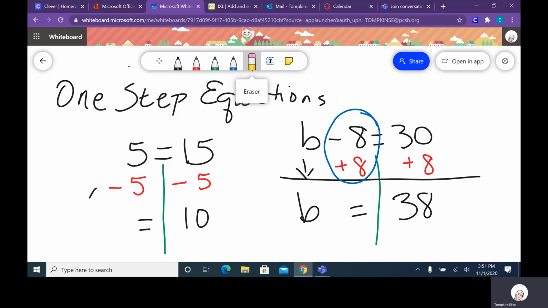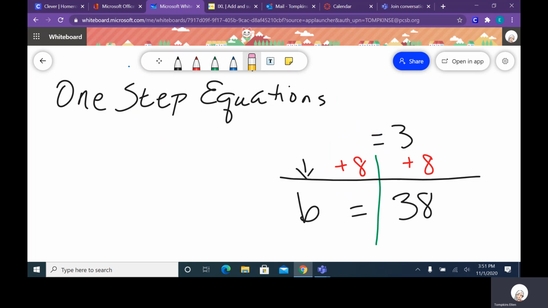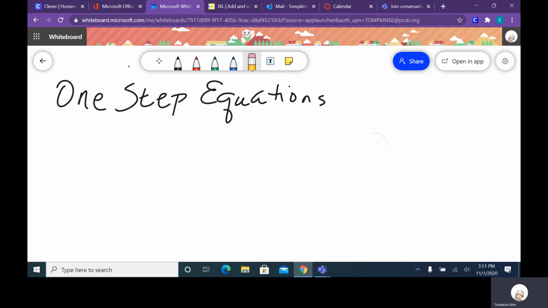Let's look at when we have multiplying and dividing ones, okay? Again, you're going to know these with mental math. 3x equals 15. What this is asking you is, what times 3 will be 15? Well, you already know that it's 5, but we're going to show it in our solving equations method.